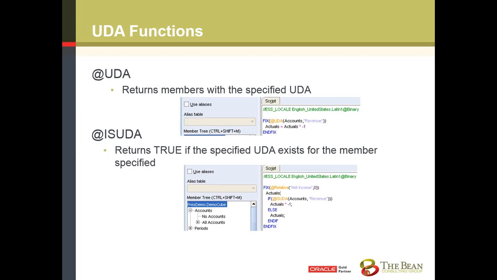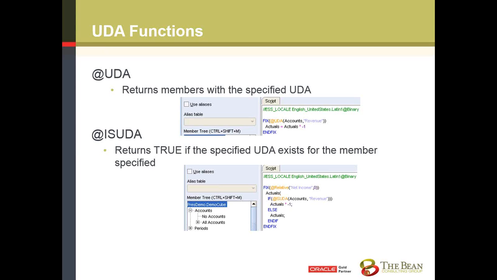We're achieving the same exact thing in the bottom one, but we're using the @ISUDA function. You have both because you can't always just fix down, and a lot of times you may need to do more conditional checking than just whether the UDA is set. That's where @ISUDA might come in handy.